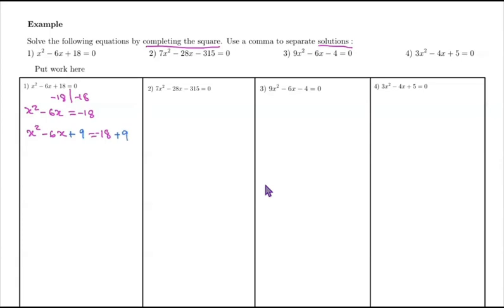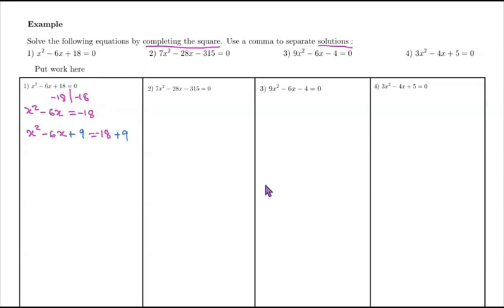We add it on both sides. So the 9, remember 9 was 6 divided by 2 squared. 3 squared is 9. So that's how you find the constant term that completes the square.